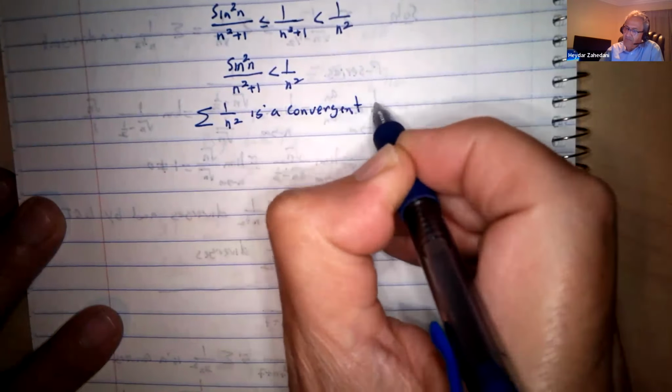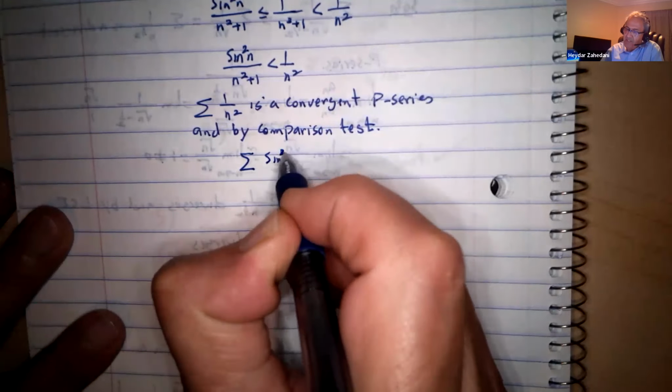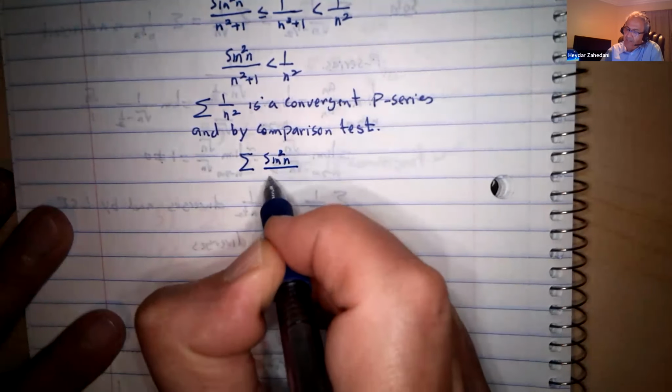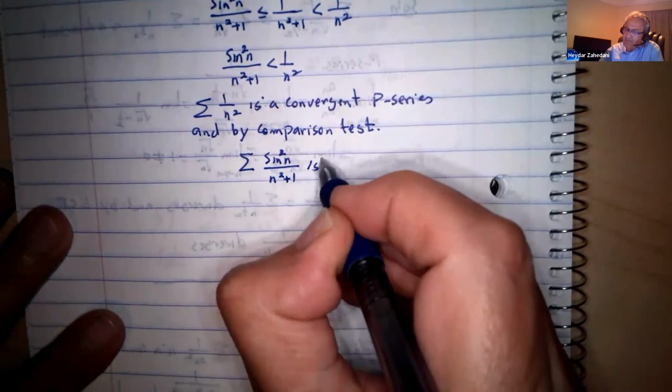And this time by comparison test, the given series is convergent. So the sigma of sine squared of n over n² plus 1 is convergent.